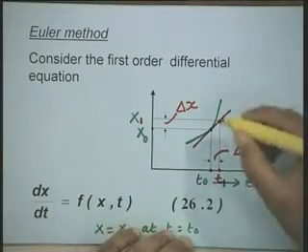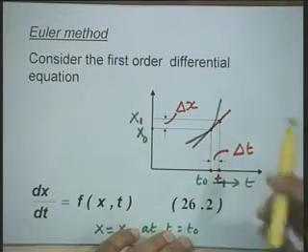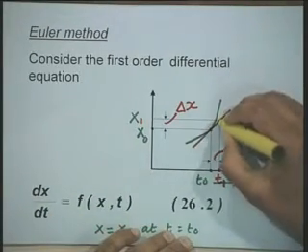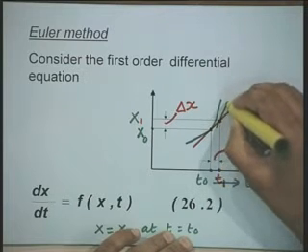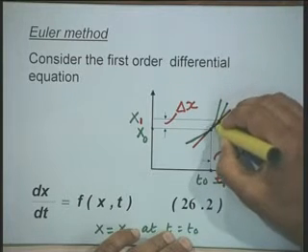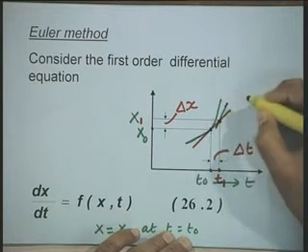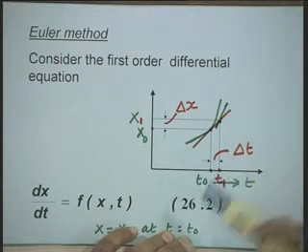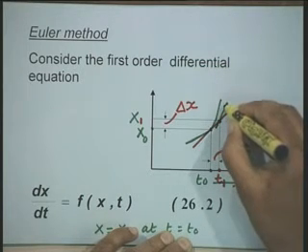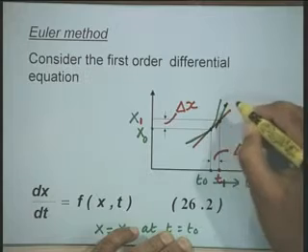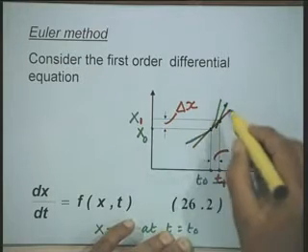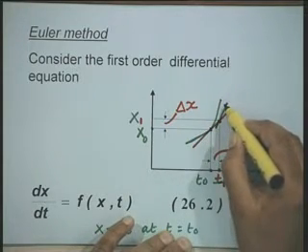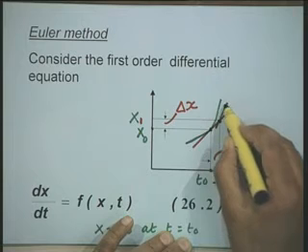Now, graphically, when you see here, let us say that the new slope comes out to be like this. Then the new value of x at t2 will be obtained by this point.